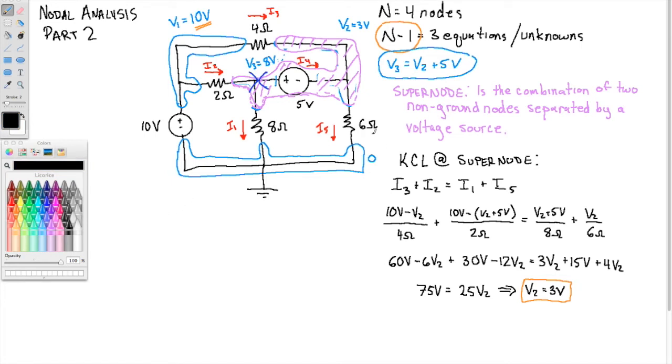Alright, so you see, we solved this circuit only using one equation and one unknown.